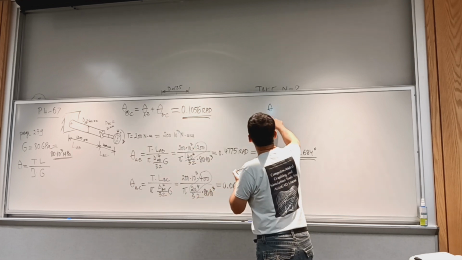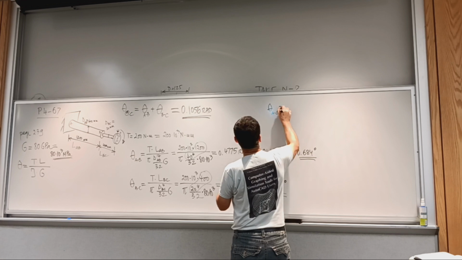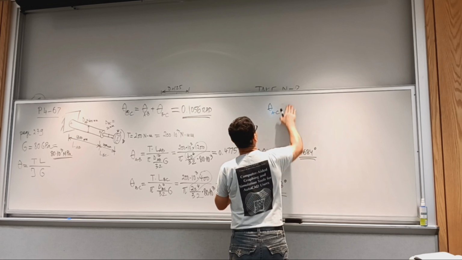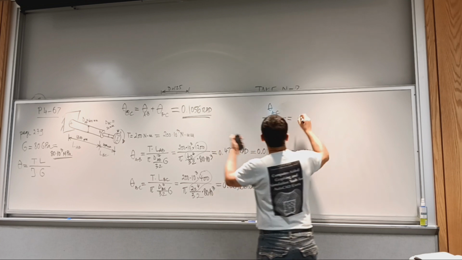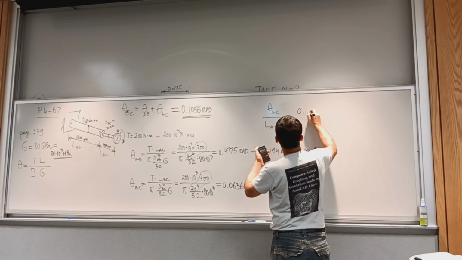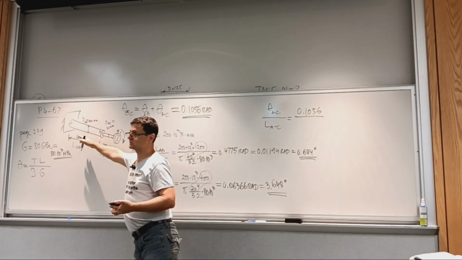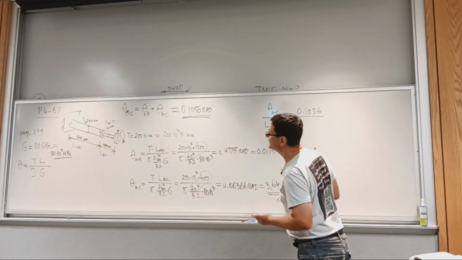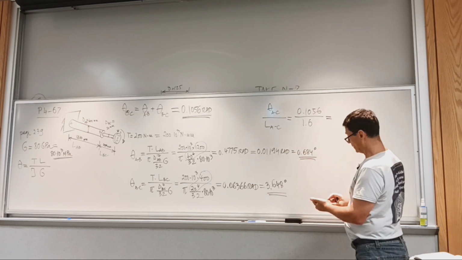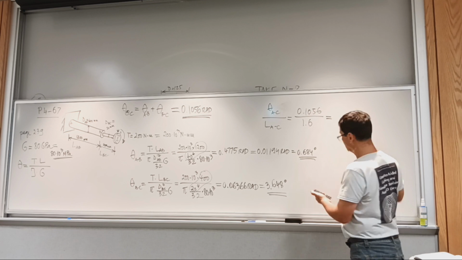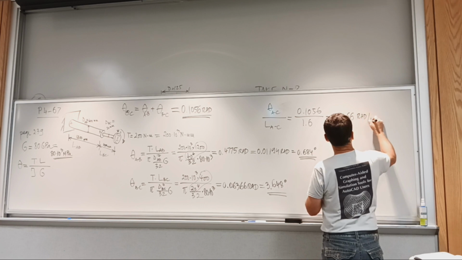Okay, so we take theta between A and C, or theta at C, and divide it by the full length, L from A to C. So 0.1056 radians, and I need the length in meters, so that will be 1.6 meters. Let's see what value this is. Over 1.6 equals. And this is 0.066 radians per meter.